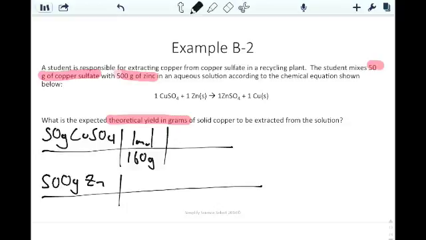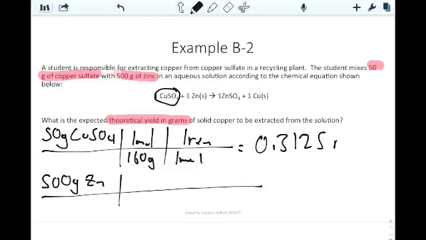And then in the reaction, we see that copper(II) sulfate is just 1 mole in 1 reaction. So we work that out, and basically it would just be 50 divided by 160, which is 0.3125 in a reaction.